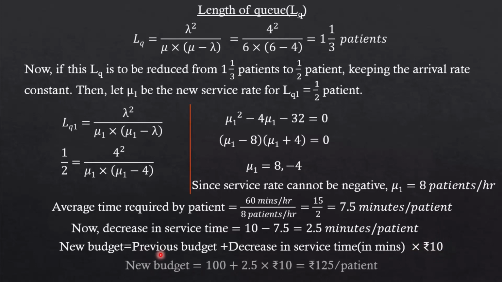Our previous budget is rupees 100, and the decrease in service time is 2.5 minutes per patient, and each minute will cost rupees 10. After solving this, we'll get rupees 125 per patient. So as per the new budget, the clinic has to spend rupees 125 per patient.